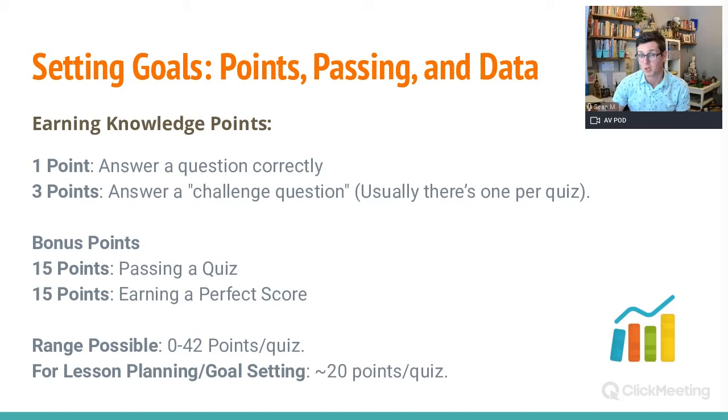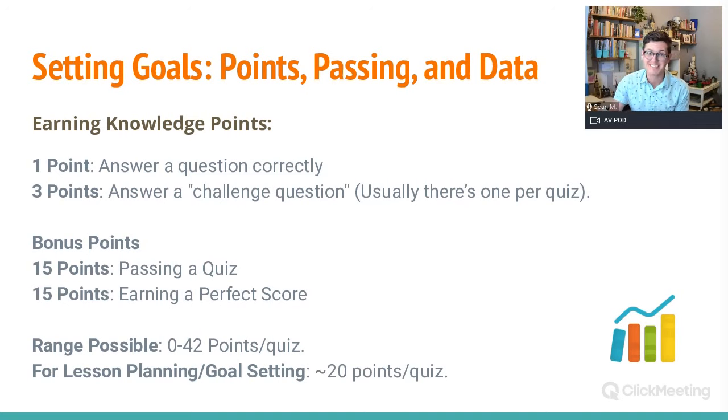And if they get a perfect score, they get 15 additional points, which means that the fastest way to earn points is actually to go slow on Read Theory. And that is not trademarked or copyrighted. You can actually steal that brilliant line from me to use in your classroom.